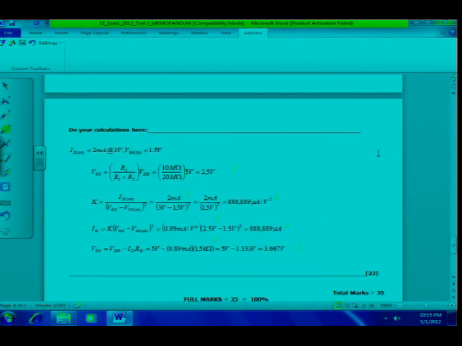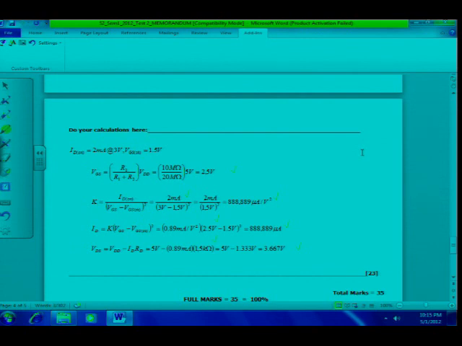VGS, 2.5 volts, 1 mark. Then you had to calculate K, 888,889 microamperes per square volt, 2 marks. ID, 888,889 microamperes for another 2 marks.